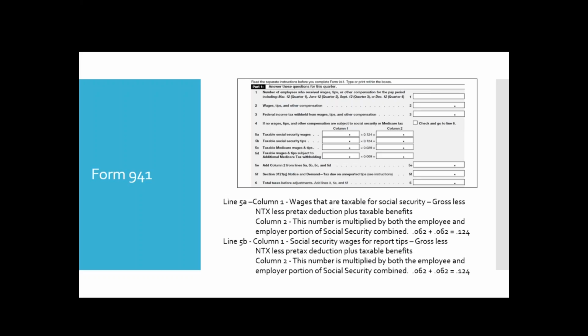Taxable wages in 5A column 1 times 0.124 should equal the combined employee and employer Social Security tax reported in 5A column 2. Some of you will also complete line 5B, which reports taxable Social Security tips using exactly the same equation as line 5A.